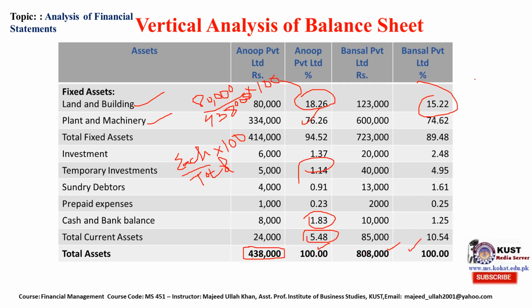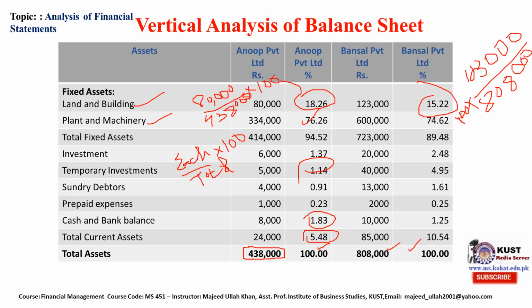Now 123,000 divided by 808,000 multiplied by 100 will provide you this 15.22.